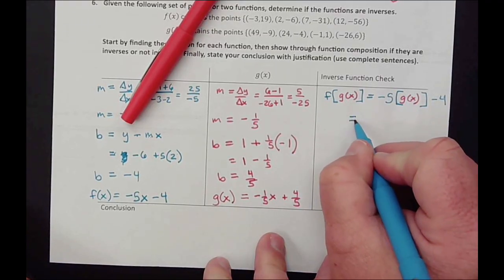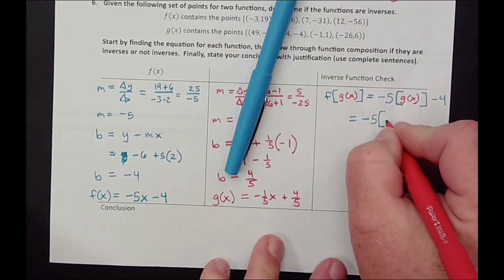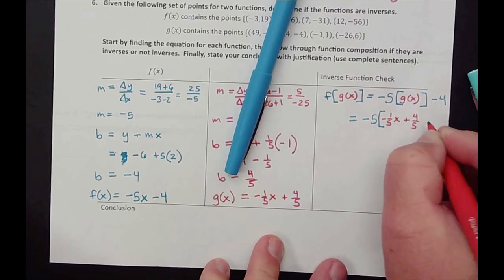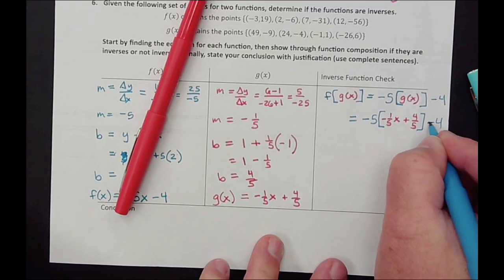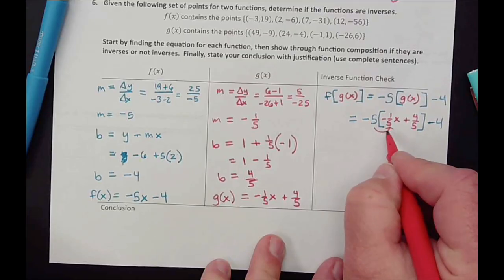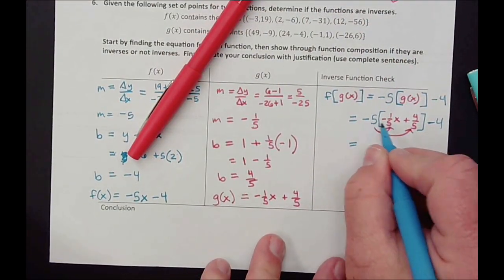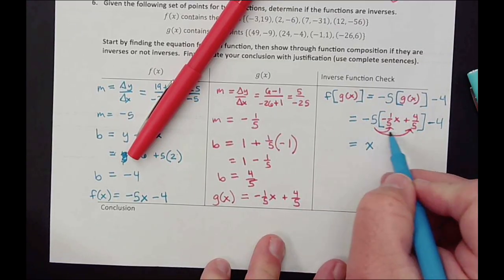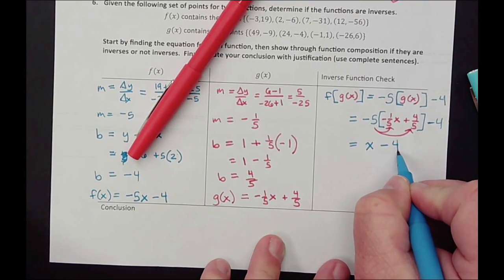I'm going to expand this just a little bit here. We're going to go -5 times (-1/5 x plus 4/5) minus 4. Okay, we're going to distribute. We have -5 times -1/5, that leaves us just x. -5 times 4/5, that is going to give us -4.